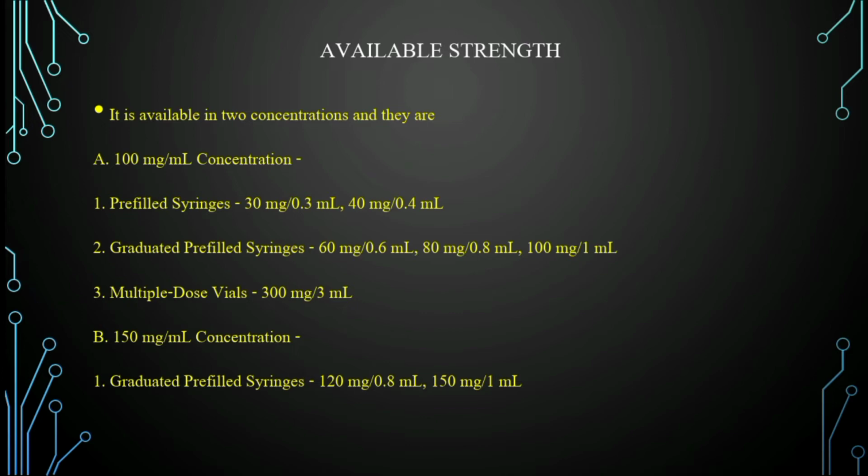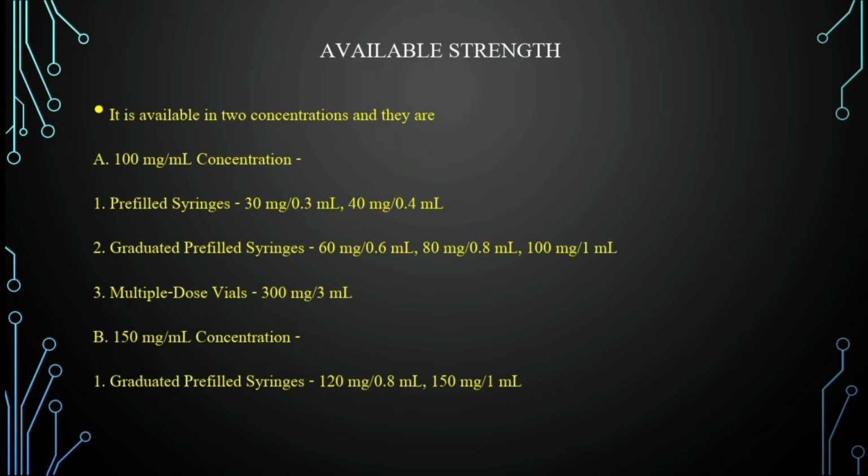One is 100 mg per ml concentration and another one is 150 mg per ml concentration. In 100 mg per ml, there are actually three kinds: pre-filled syringes, graduated pre-filled syringes, and multiple dose vials. What is the difference between a pre-filled syringe and a graduated pre-filled syringe?